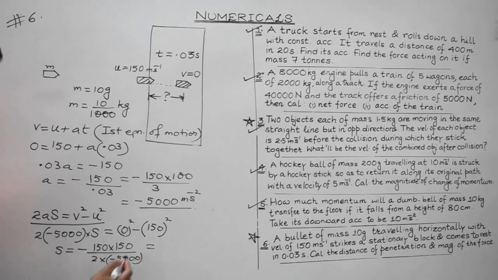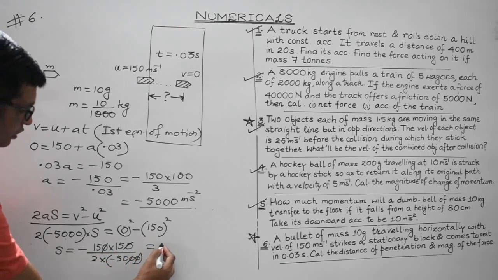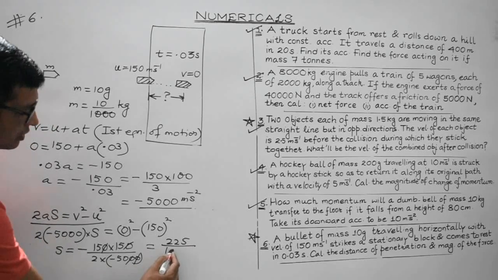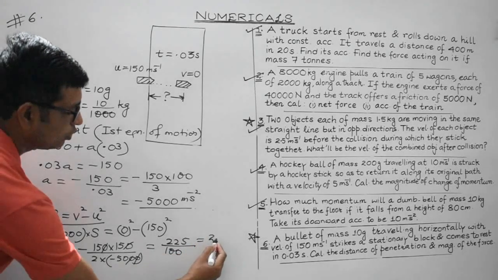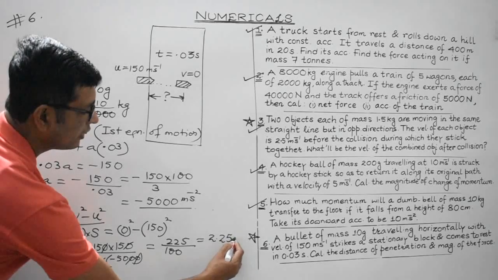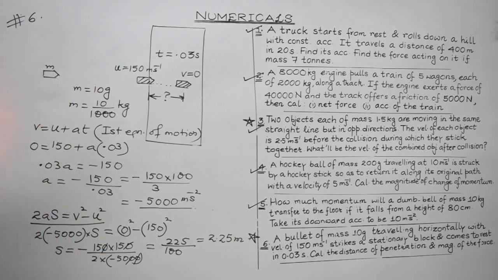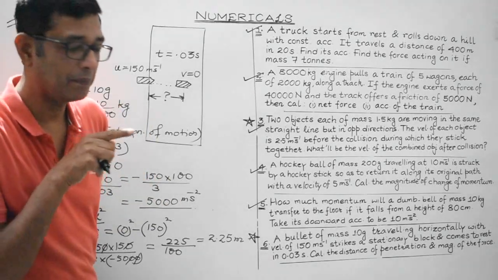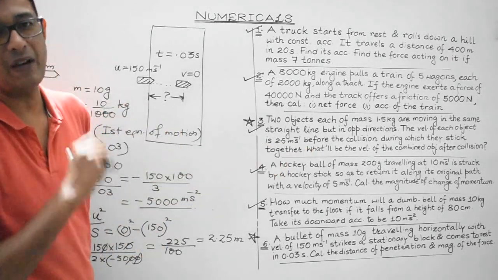Minus minus get cancelled, the zeros get cancelled. 15 square, that is 225 divided by 100. So it will be equal to 2.25 meter. So this is the distance through which the bullet will get penetrated inside the wooden plank.